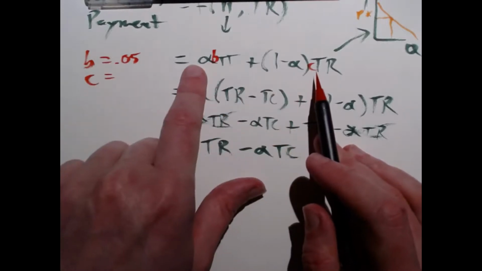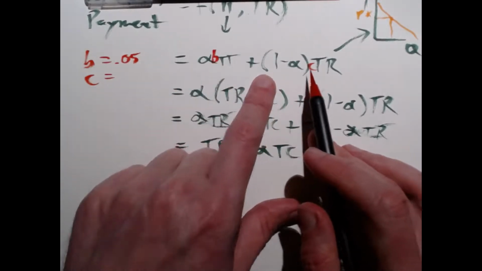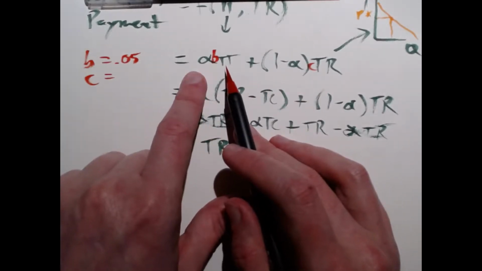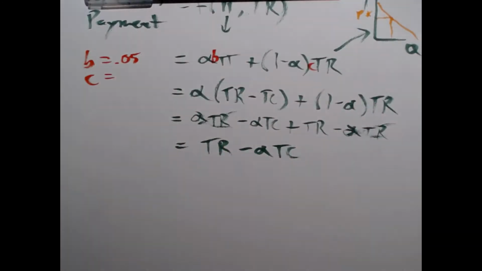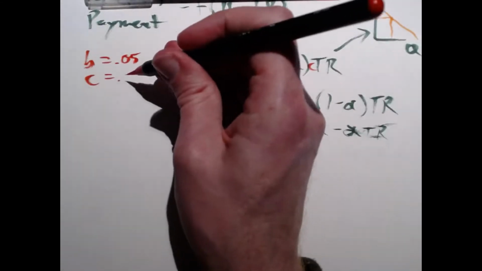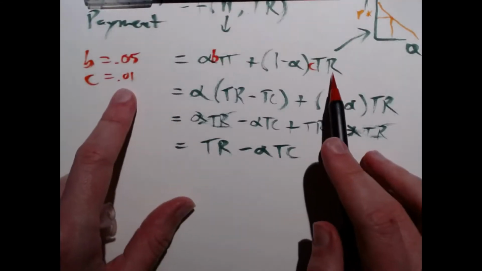Or really, we want to make sure that alpha times B and 1 minus alpha times C probably pushes him more in this direction to being concerned with profits than total revenue. But the point of this exercise is not to come up with a good contract, it's to see how we can frame the issue. Right, so maybe C is, maybe he gets 1% of total revenue, right?